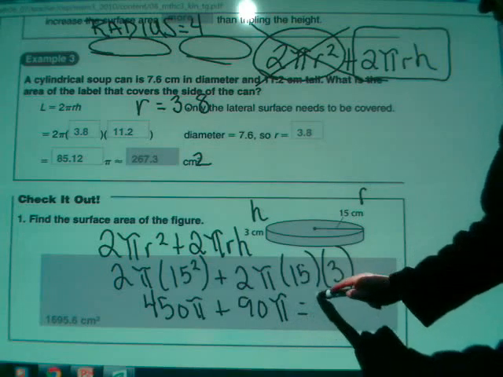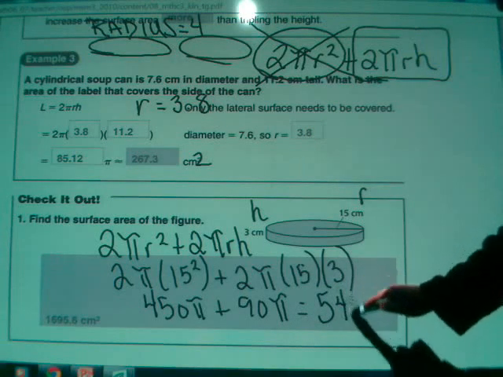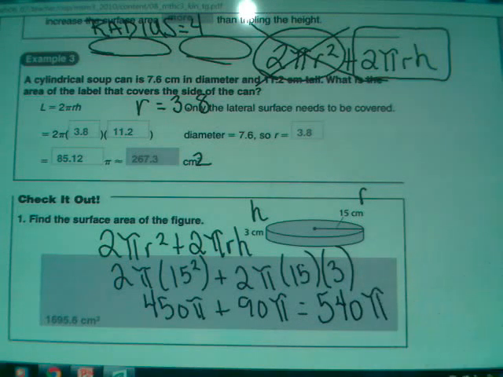And if we add that together, that's 540 pi. So there's your answer with pi. Now, they want you to simplify it by changing pi to 3.14 and multiplying, but you already know that answer because it's on the screen, 1695.6, and that's centimeters squared. So the area of the cylinder is 1,695 and 6/10 centimeters squared.